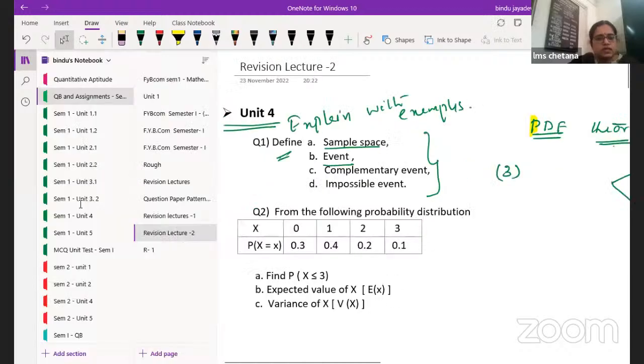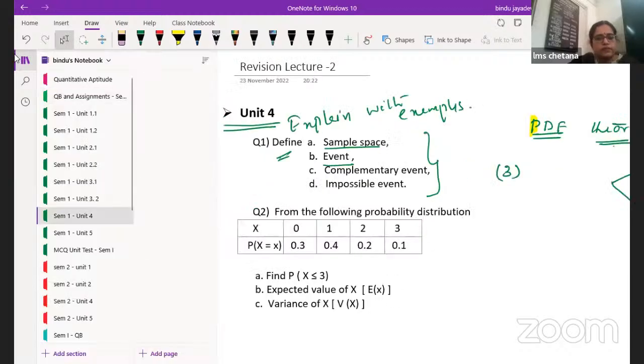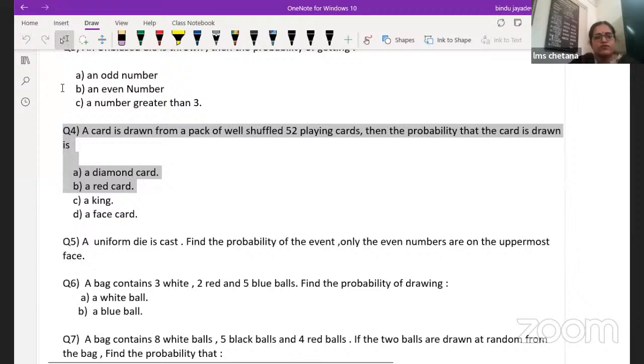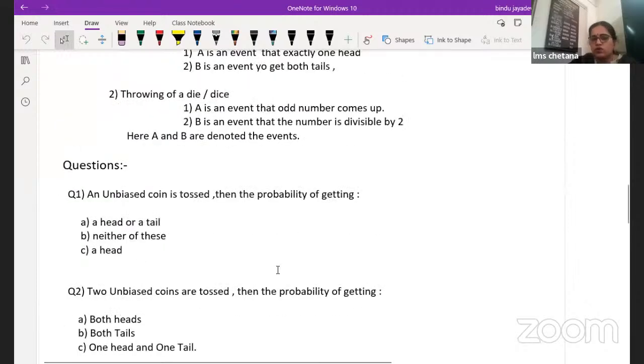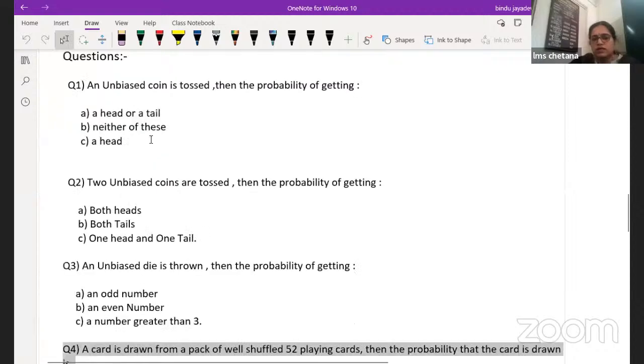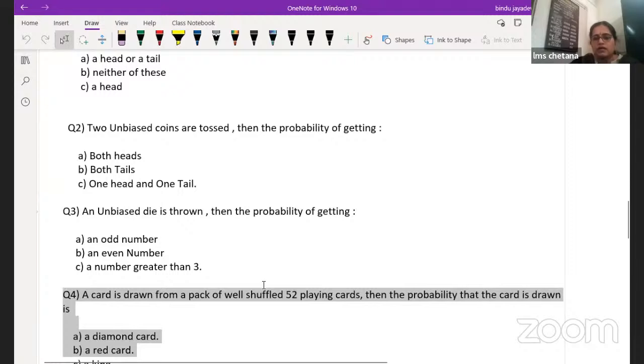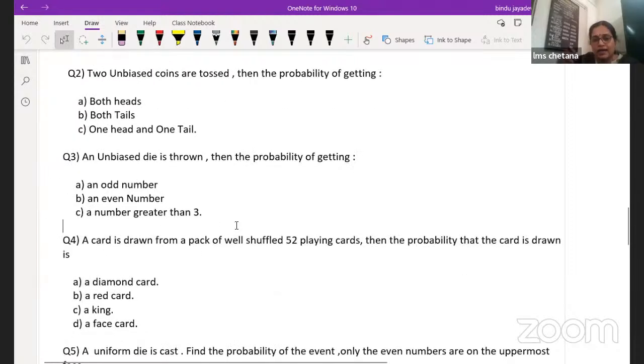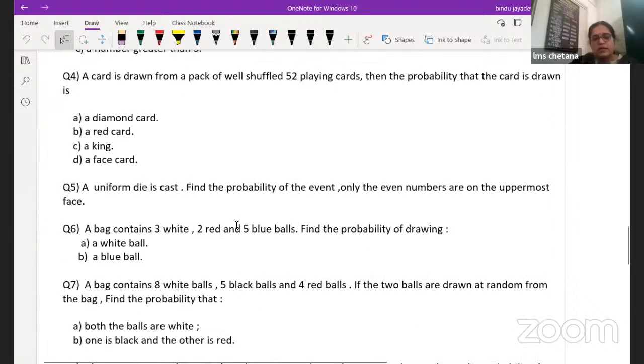Just wait 1 second. Yeah, this kind of questions, right? A coin is tossed, then the probability of getting. 2 coins are tossed, then what is the chance of getting both heads, both tails? A card, a sum, and dice, because when you are playing Ludo, the sum of dice, like that. There were this kind of questions.